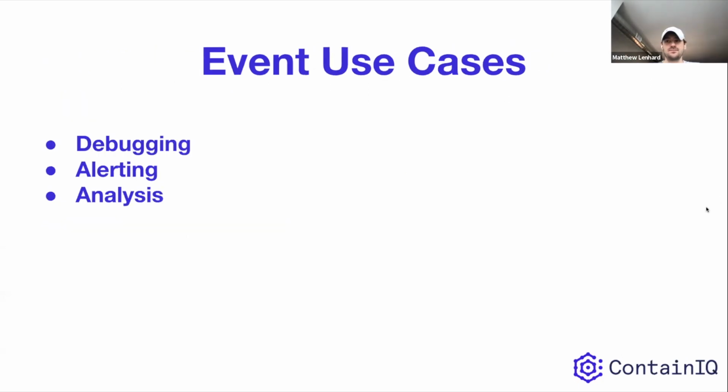Next is alerting. You can set up alerts on a lot of these Kubernetes events, and the cool thing about them is you can set them so that you need to look into them. An example is, say you set up a CPU alert on a given container or pod, and it fires so often that you've learned to ignore it.